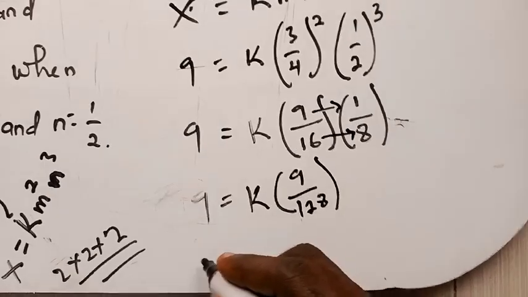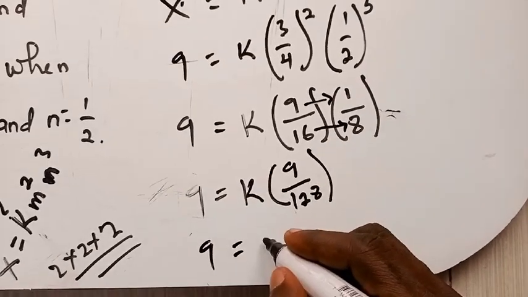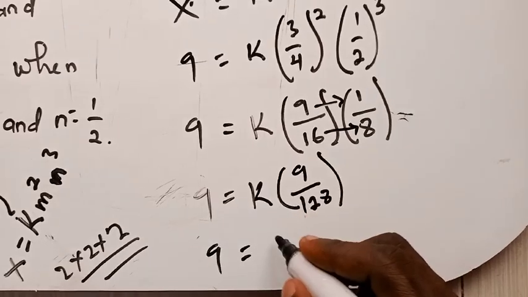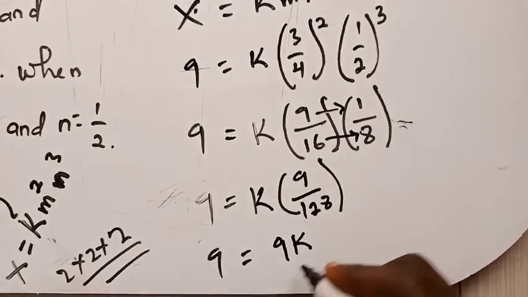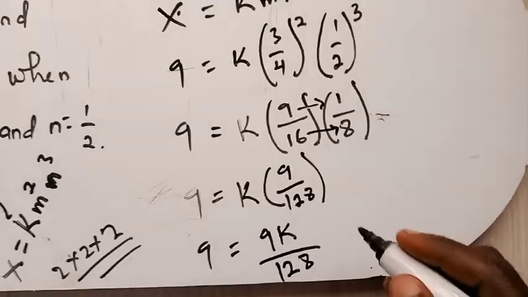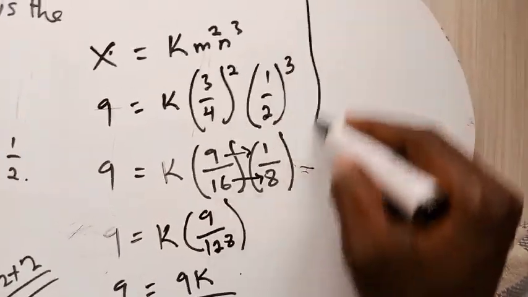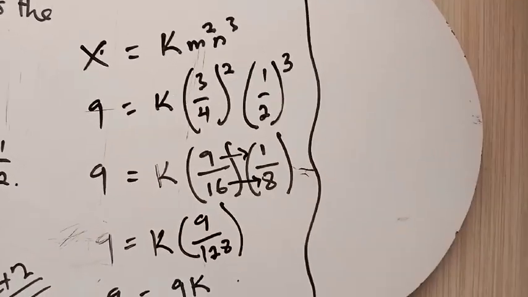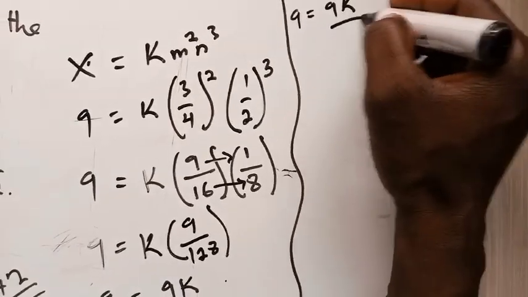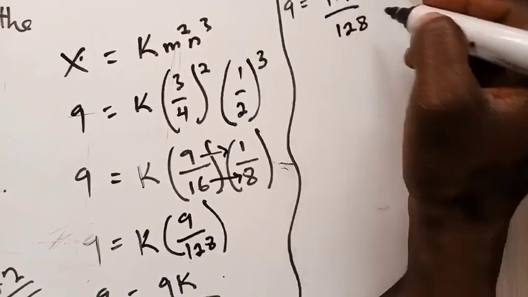Okay, perfect. So here is going to be 9. Here is 9 equal to, see, this k is going to multiply the top one, so that is going to be 9k, always the numbers in front, divided by 128. So moving from this point, we have 9 equal to 9k divided by 128.